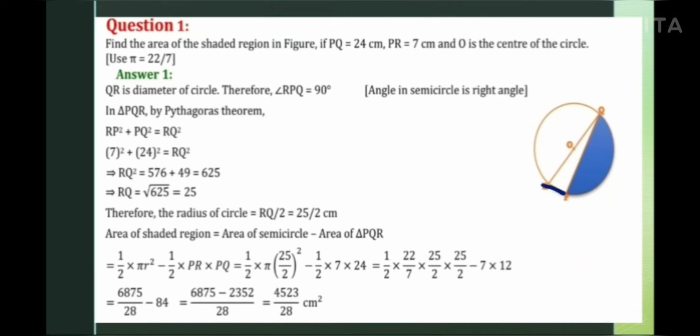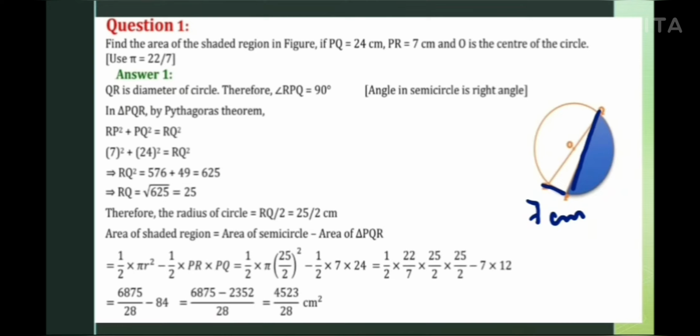If you subtract the area of the OBD minor sector from the OAC minor sector, you will get the area of this green section. For both these sectors, the theta value is the same, it is 40 degree. Easy. So the area of the shaded region is equal to the area of the sector OAFCO, that means this bigger one.